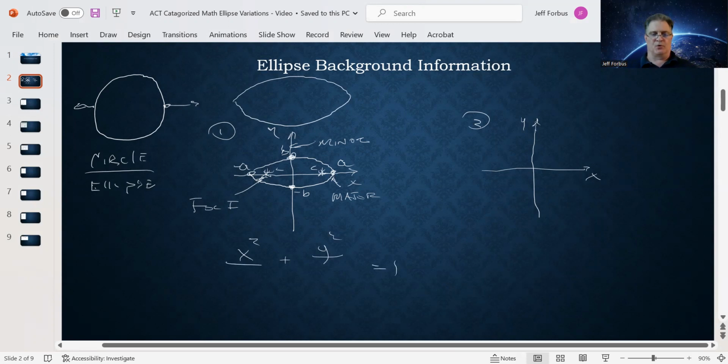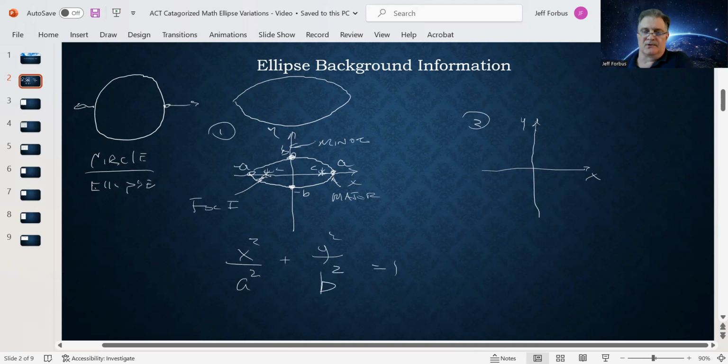The ellipse portion of it is in the denominator, and since the major axis is associated with the x-axis of the coordinate plane, the a values are going to be associated with the x here. So we're going to call that a squared. The b values, or the minor axis, is associated with the y-axis, so we're going to call that b squared.